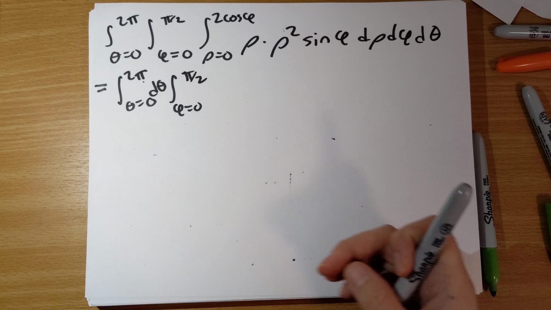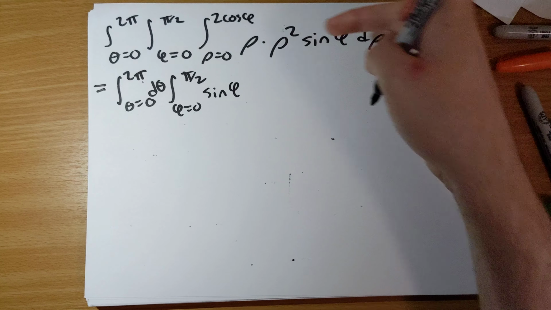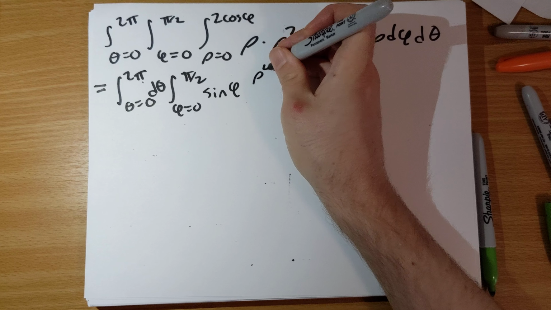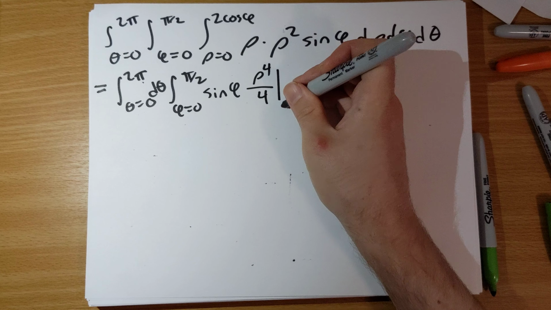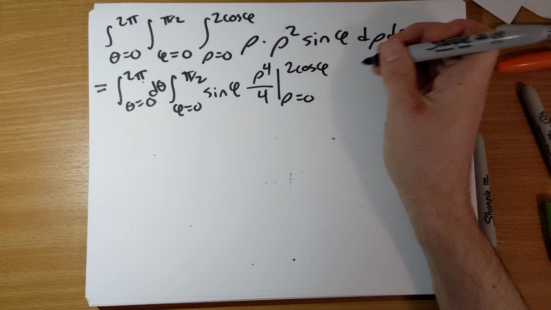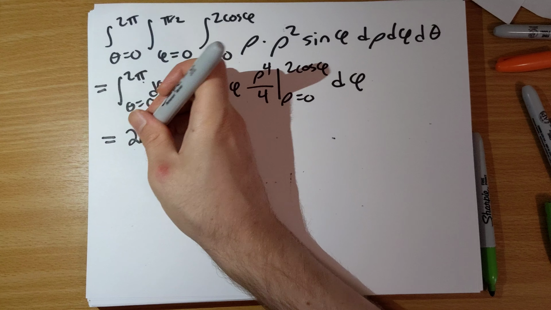Rho times rho squared is rho cubed. Great, so rho to the 4th over 4. Plug in rho from 0 to 2 cosine phi. The theta integral gives 2 pi.